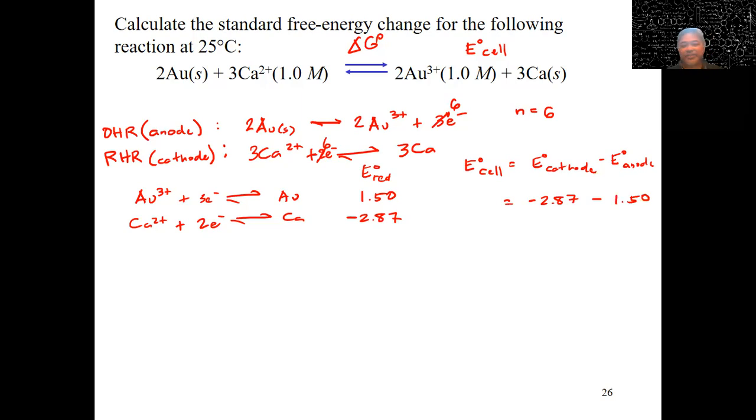Because pwede nyo sabihin na, sir, di po ba sabi nyo dapat malaki lagi yung cathode kaysa sa anode? That statement is true, that the value of the reduction potential in the cathode is always larger than in the anode, if you only have a voltaic cell.